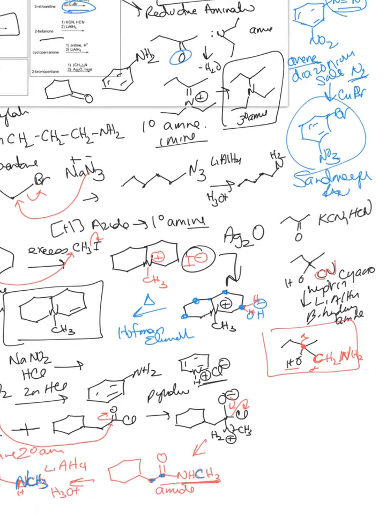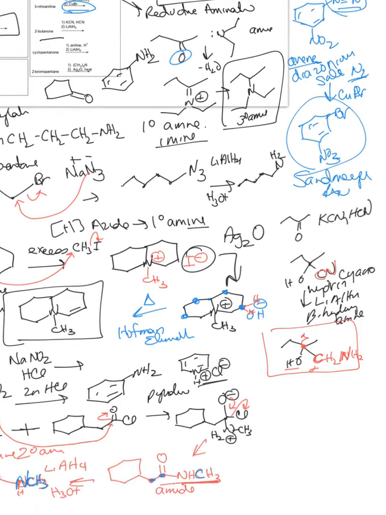And silver likes the halides, so that's going to precipitate out, and you're going to get the OH minus instead of the bromide, and then you look for your beta carbons because this is going to be a Hofmann elimination. Hofmann eliminations always make an alkene. So this is your alpha position, so here's beta, and here's beta. So you want to extract the hydrogen from the least substituted.